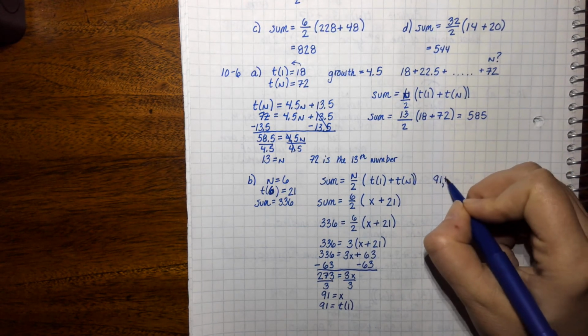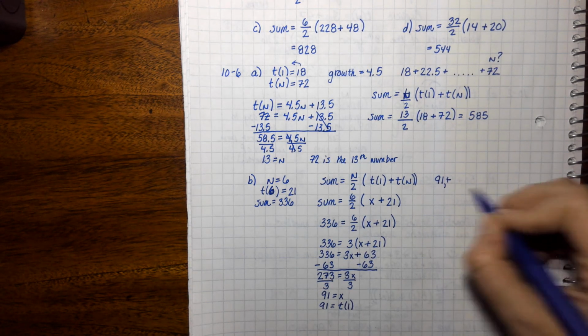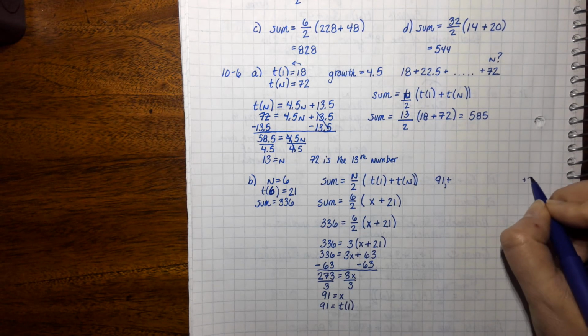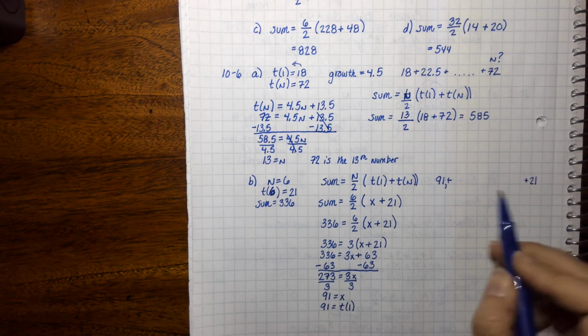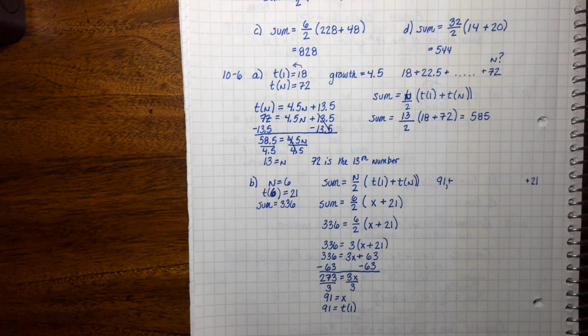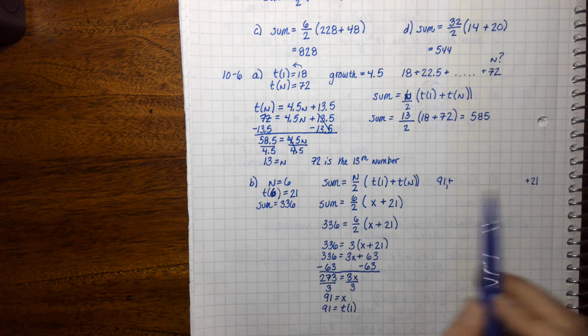These should be pluses. And I should have 6 numbers, and my last number is 21. Okay, but I don't know how far apart each one of them are. So how could I find out how far apart they are?